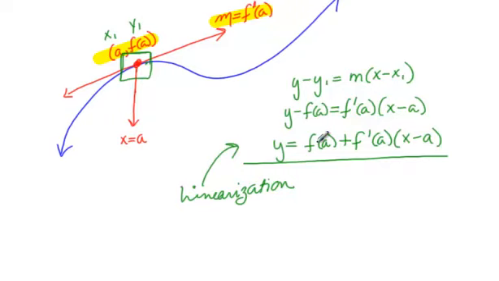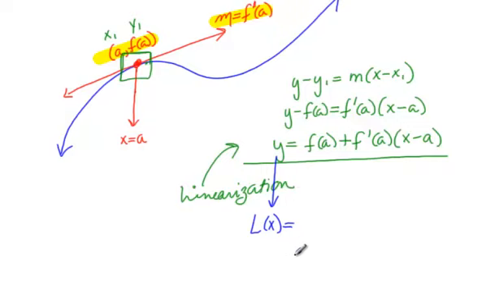So the linearization is something you know how to do. It's writing the equation of a line at a given point, but instead of calling this y, we change this into L of x to indicate this is a line we're using to estimate the value of a function near a given point.